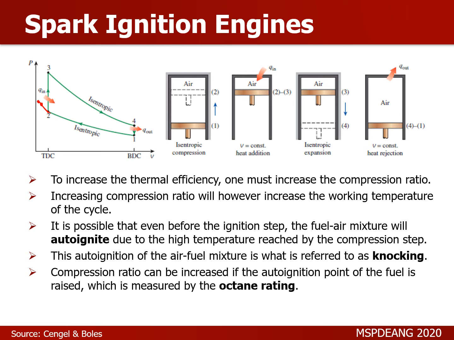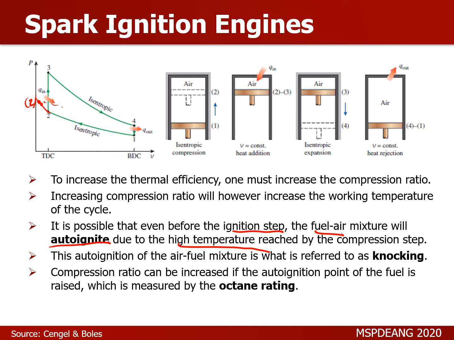For example, if you make state 2 at this point, its temperature is higher compared to the temperature of our original state. As you increase the compression ratio, the working temperature will increase, and it is possible that even before the ignition step, your fuel-air mixture will auto-ignite due to the high temperature reached by your compression step.